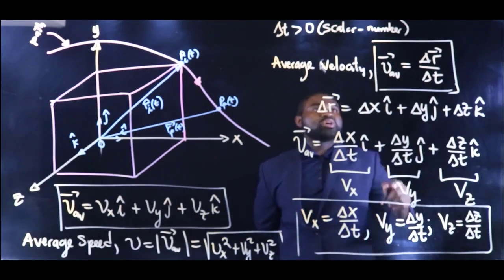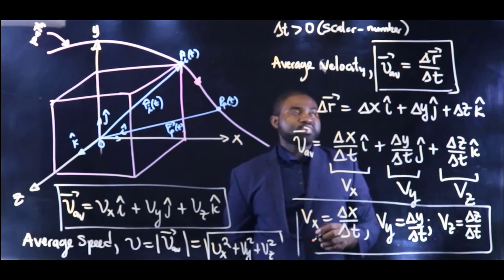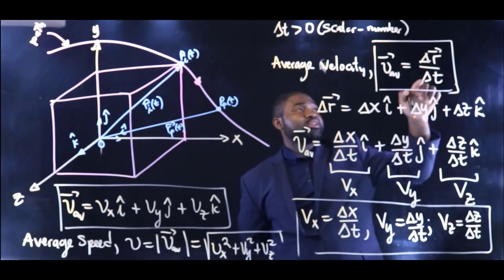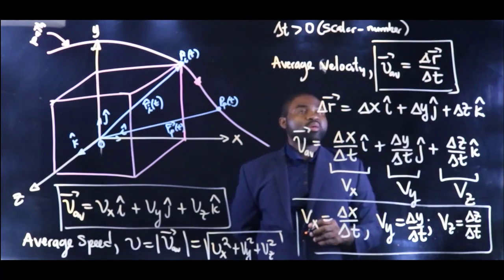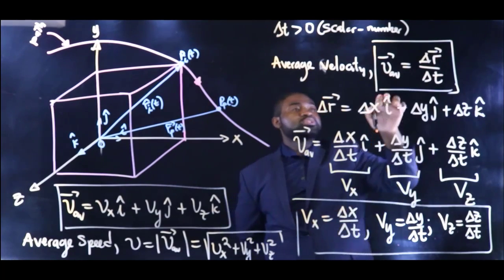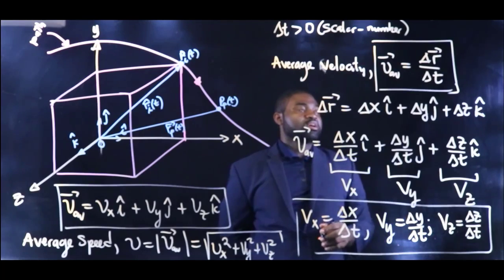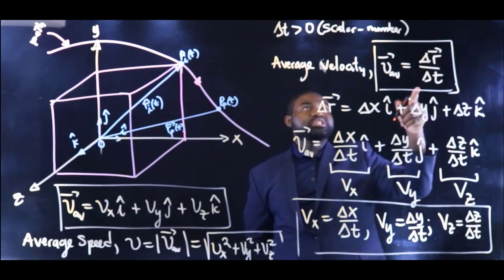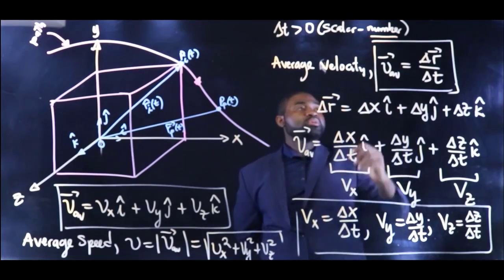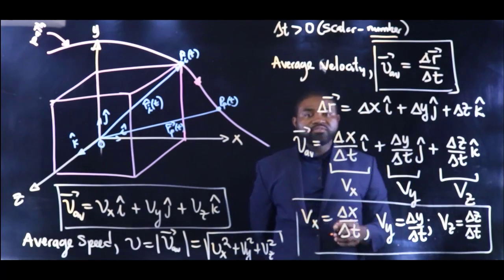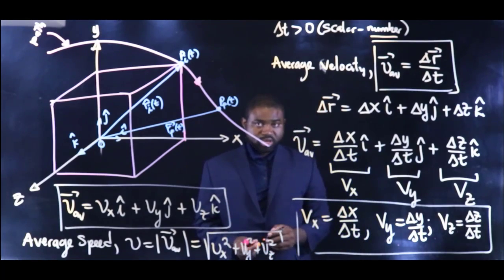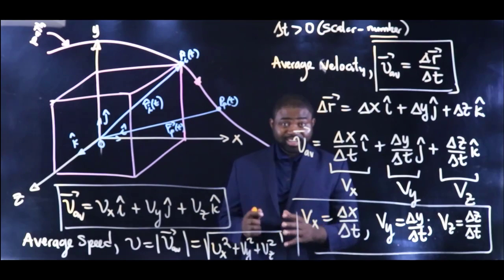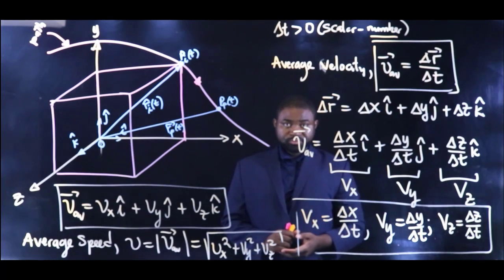So the direction of V, which is the average velocity, is the direction of the displacement. Let me say that again. The direction of the average velocity is simply the direction of displacement. Because the change in time is basically a number, what this means is that the average velocity of a particle and the displacement of the particle depends only on the initial and the final point.